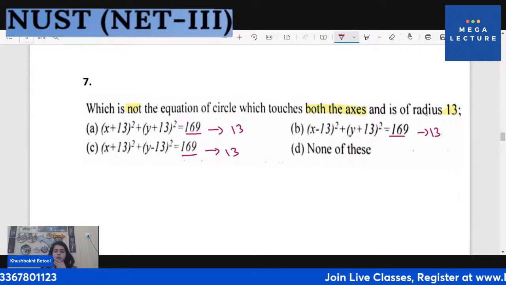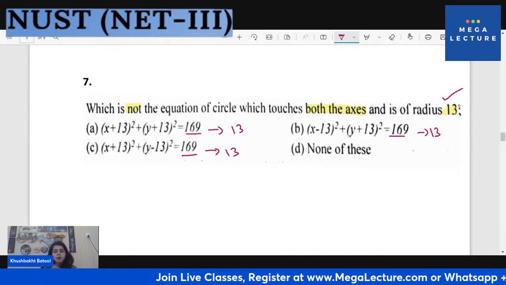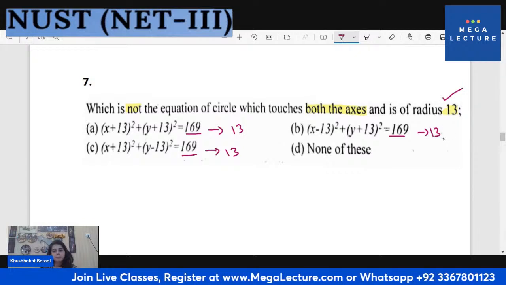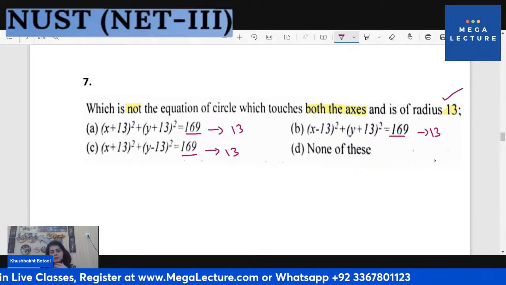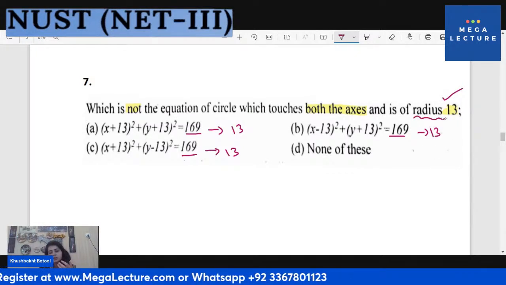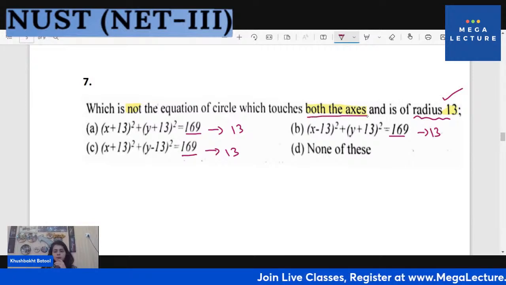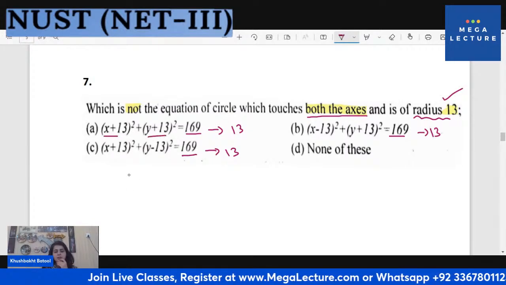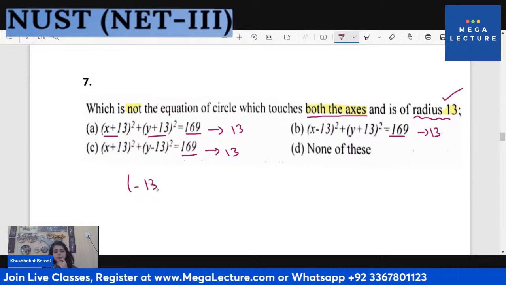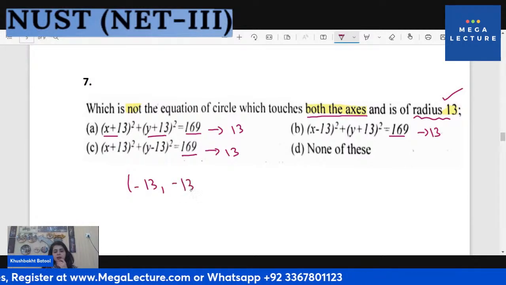So this is making us see that this condition is not satisfied by the first three choices. Let's talk about this part. The center of the first circle is basically at minus 13 and minus 13.